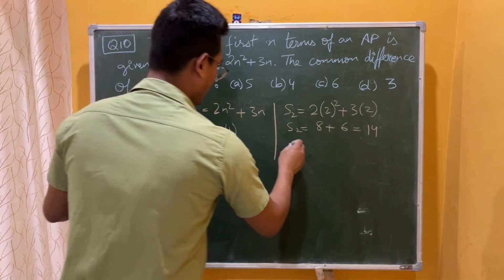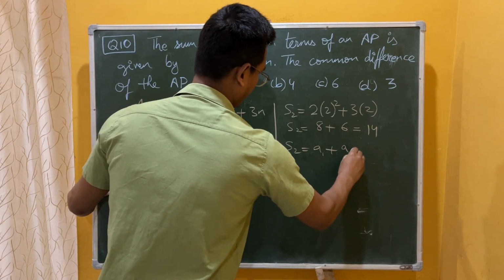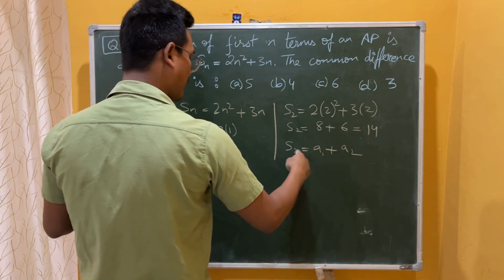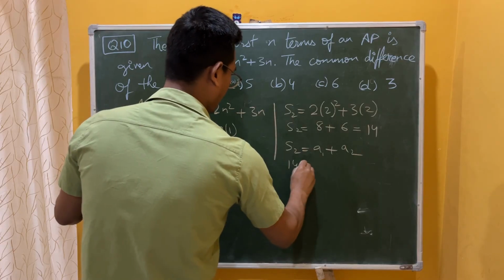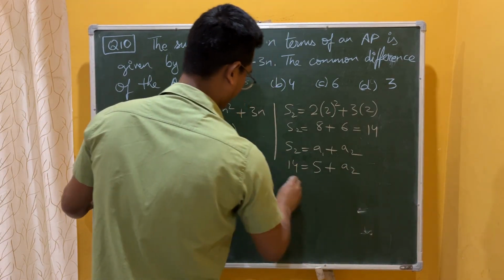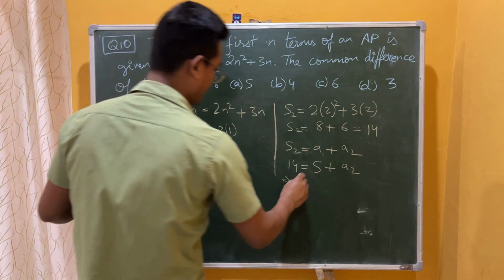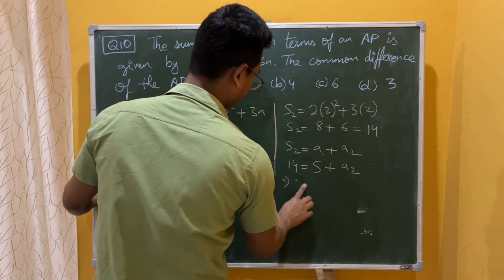That means S2 equals A1 plus A2. You know S2 is 14 and A1 is 5, so A2 is 14 minus 5, which is 9.